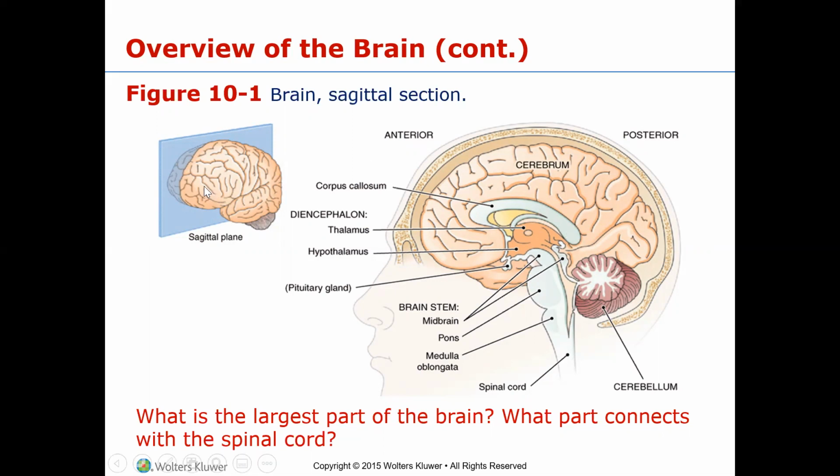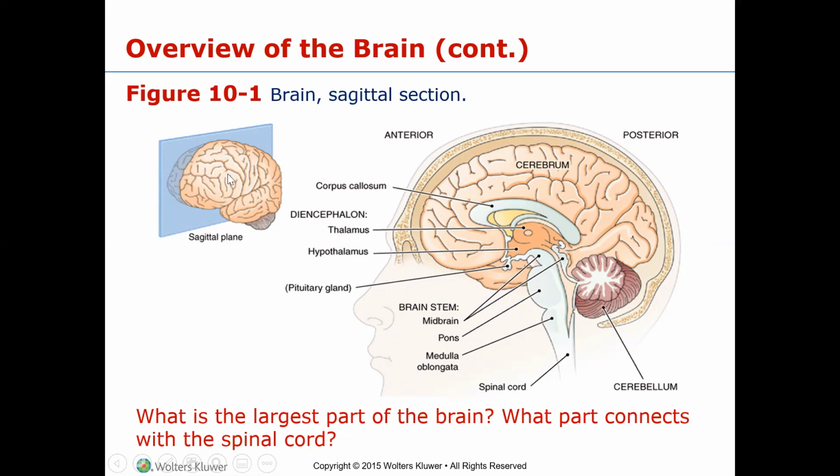So if we look at the brain itself here, what you are seeing is a sagittal section. So the brain is divided in half longitudinally, and we have the right and the left hemispheres. So when we look at this, these are divided according to the location of that cut, that sagittal plane.